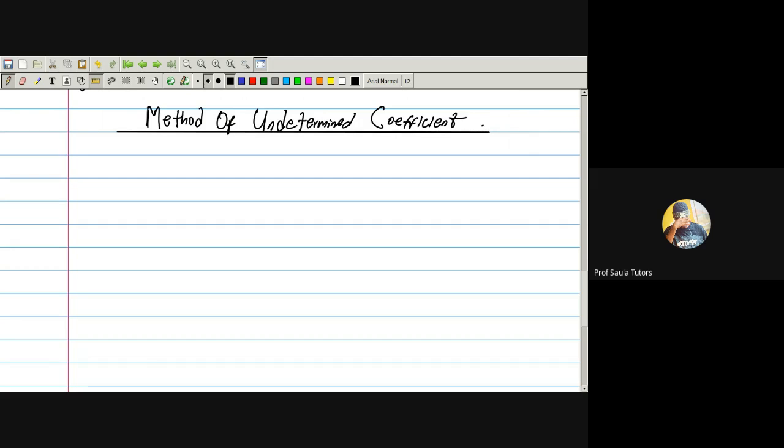Now pay attention. For this method of undetermined coefficients, we are going to be guessing what we call a trial solution.